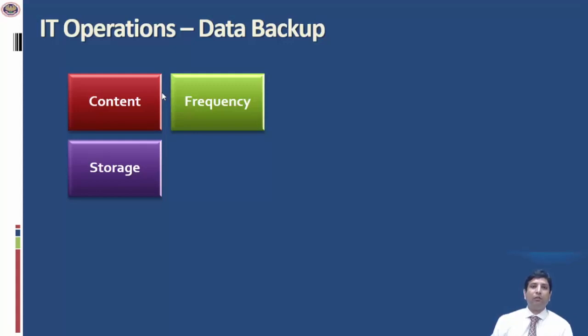Preferably, the backup should be taken onto various types of media, including tapes or even other hard disks, or even to a parallel server, depending on the scale of the operation and the risk associated with data loss. So the storage is a key consideration while looking at backups.